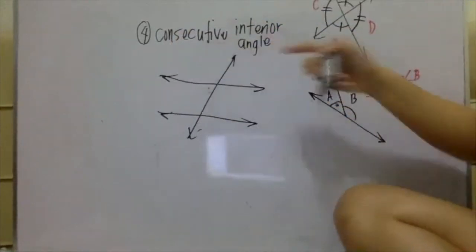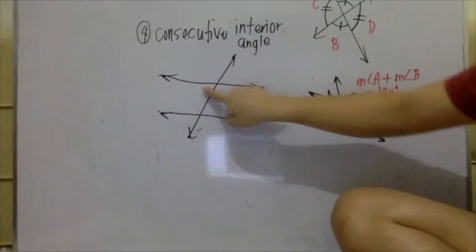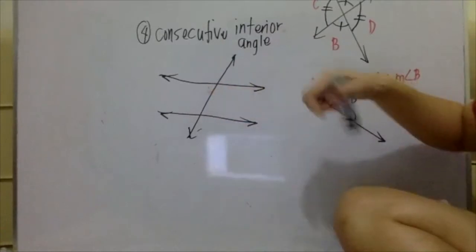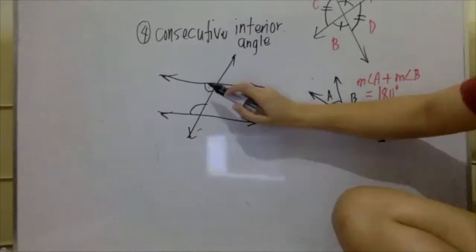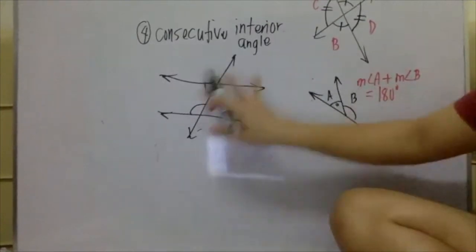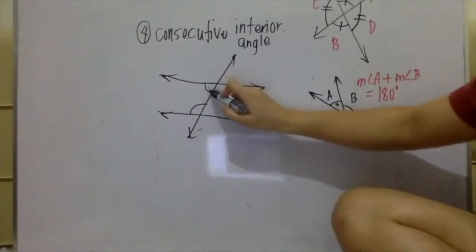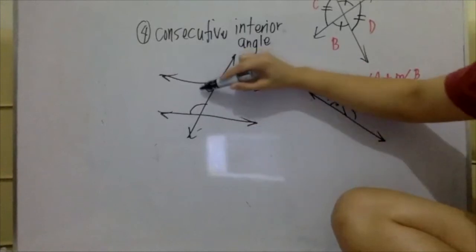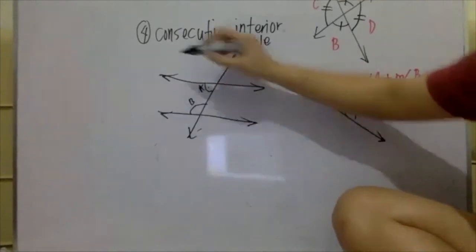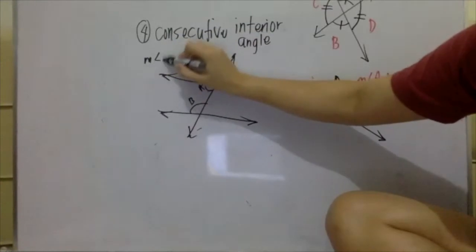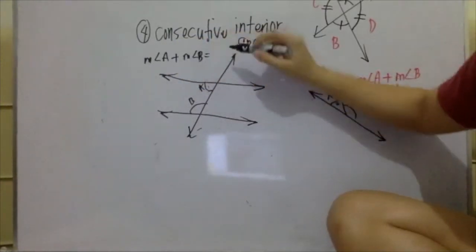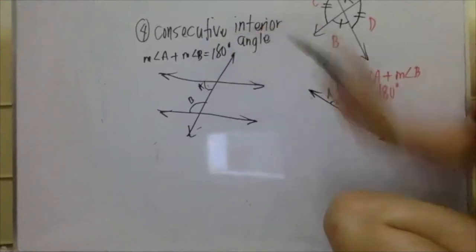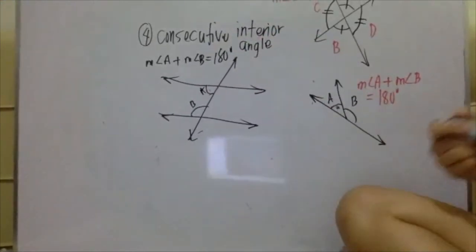Ano yung consecutive interior? So, kanina, kung alternating andito and then nandito, ngayon naman, this one and this one. Okay? These two are not equal. Hindi sila equal. But yung sum ng angle nila, let's say this is angle A, ito angle B, measure of angle A plus measure of angle B is equal to 180 degrees. Okay?